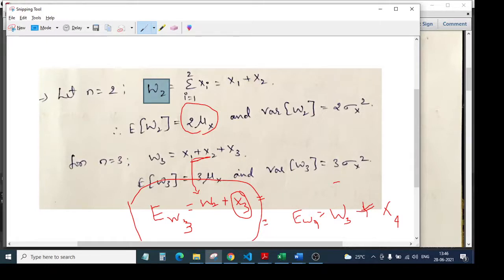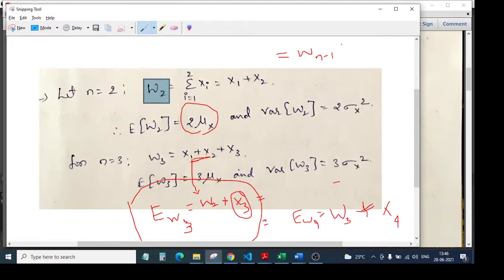That means it is n minus 1. So if I want to write it in general terms, we can write it like this. E of Wn is equal to W of n minus 1. Why n minus 1, friends? Because you have observed here, for the expectation of W3, we have W2. For the expectation of W4, we have W3. So that becomes n minus 1.